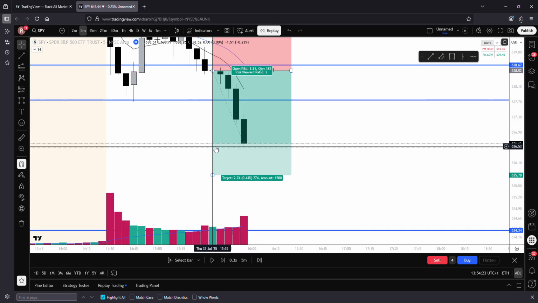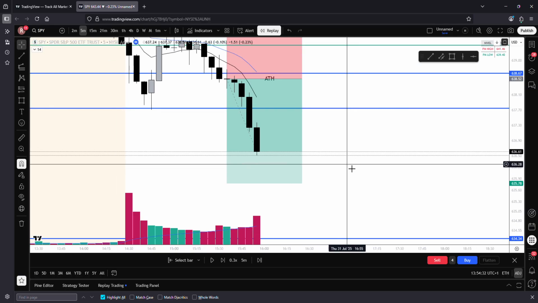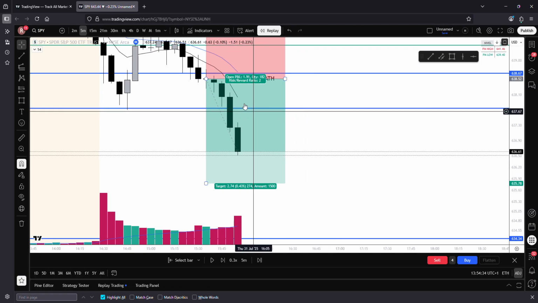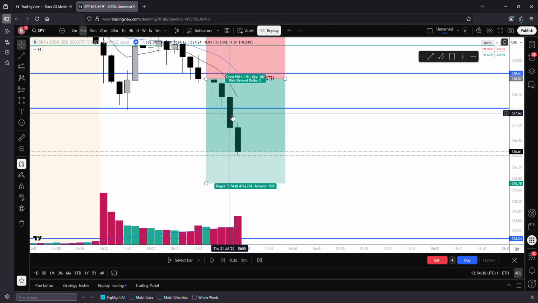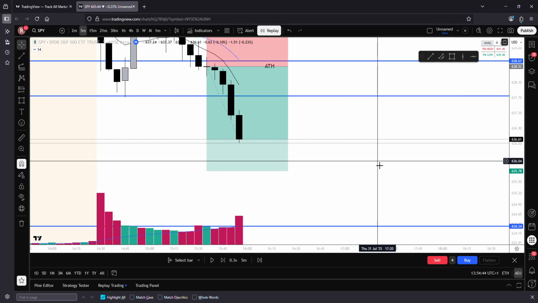That is a $2 move in the space of about 20 minutes. Your contracts, depending on what strike and DTE you go for, if you're playing 0 DTEs with maybe 2 strikes out of the money, are probably running well over 100% right now.